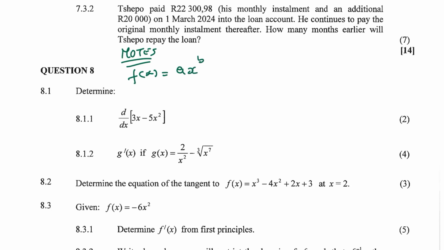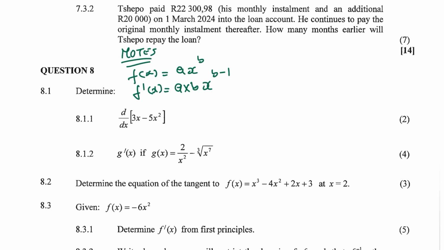If you have to find the derivative of this function, it is going to be equal to a times b, x power b minus 1. And that's what you're going to be doing throughout the whole video.